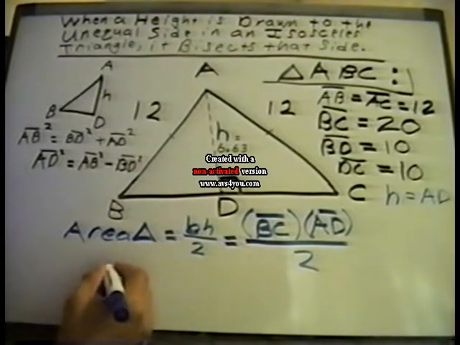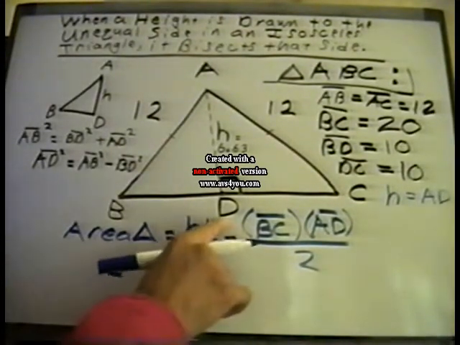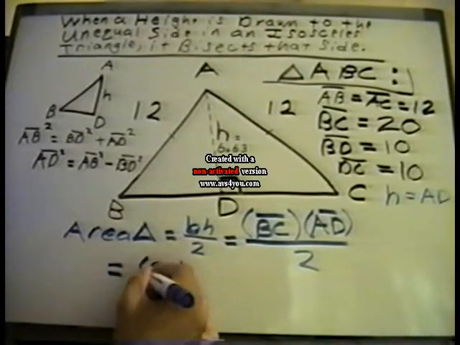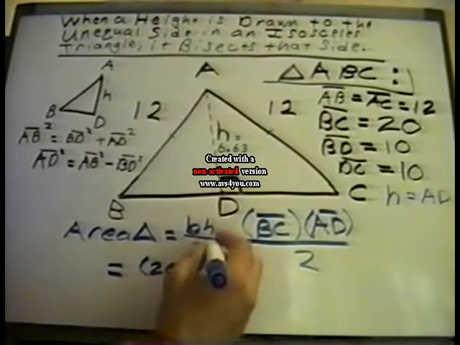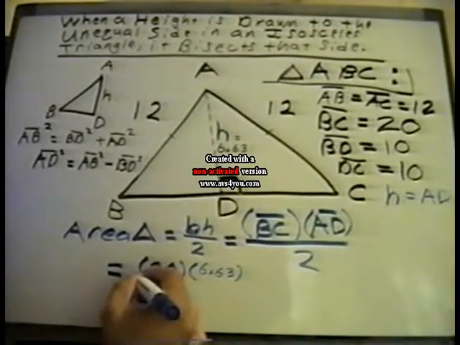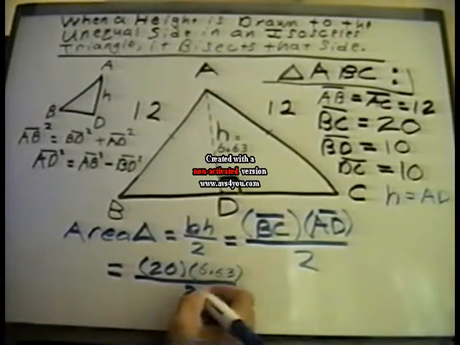Now for the area, we get the length of BC, which is 20, by the height, which is 6.63, over 2.